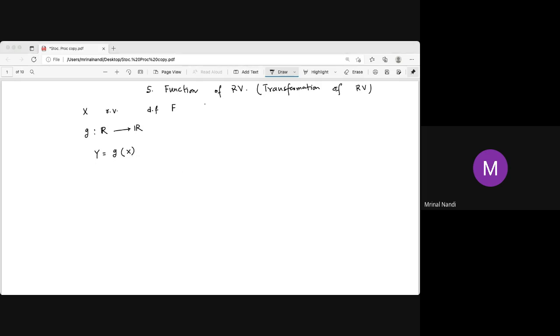So the answer is yes, if g has some property. If g is a Borel measurable function, then Y is a random variable.